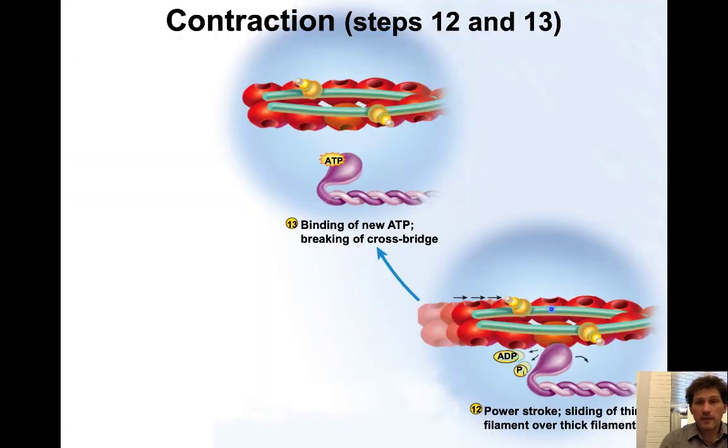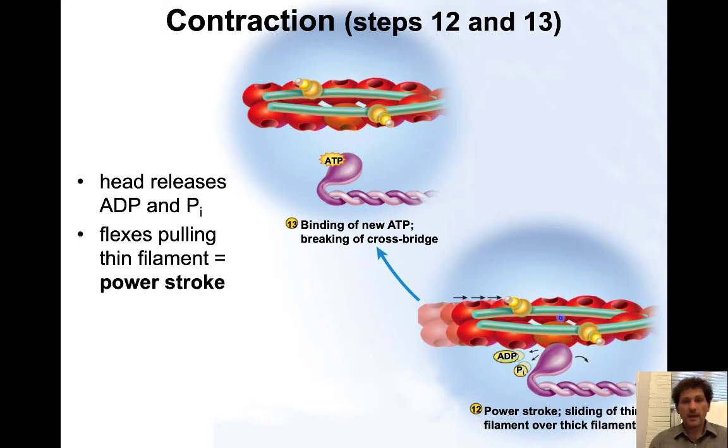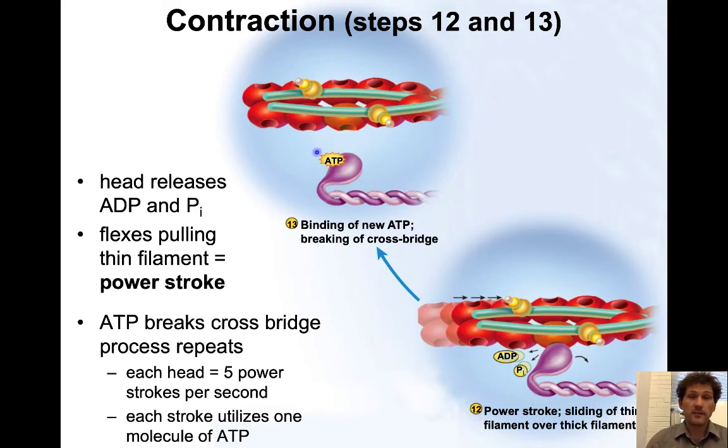Then what happens is that ADP and phosphate are released, and that myosin head pulls back in what's called the power stroke. So it pulls on this thin filament, and you can see this thin filament shifts from here over to the right. And so that's our power stroke. Then an ATP binds, and it breaks that crossbridge.